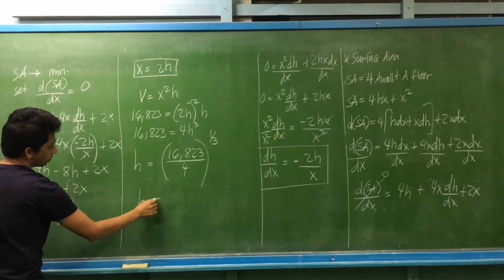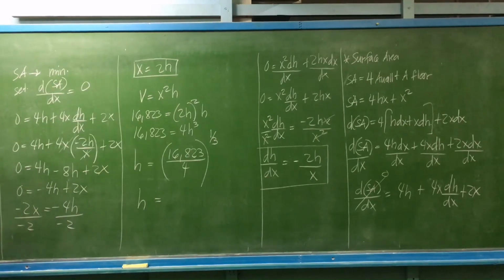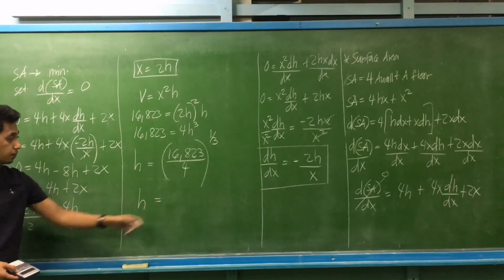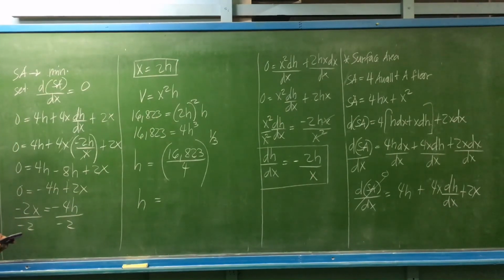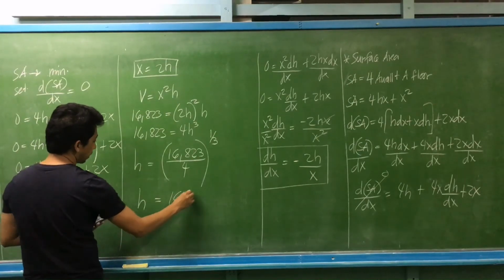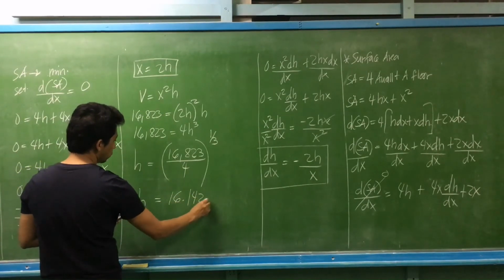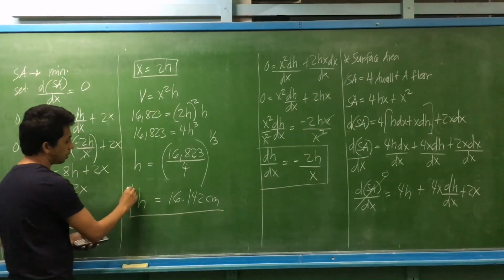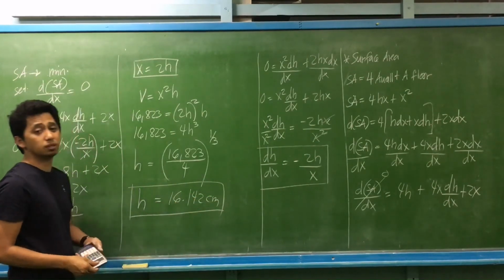So this is what we require. What will be the height to have the least surface area for making the box? So we are looking for h. So this is equal to 16.142 centimeters.